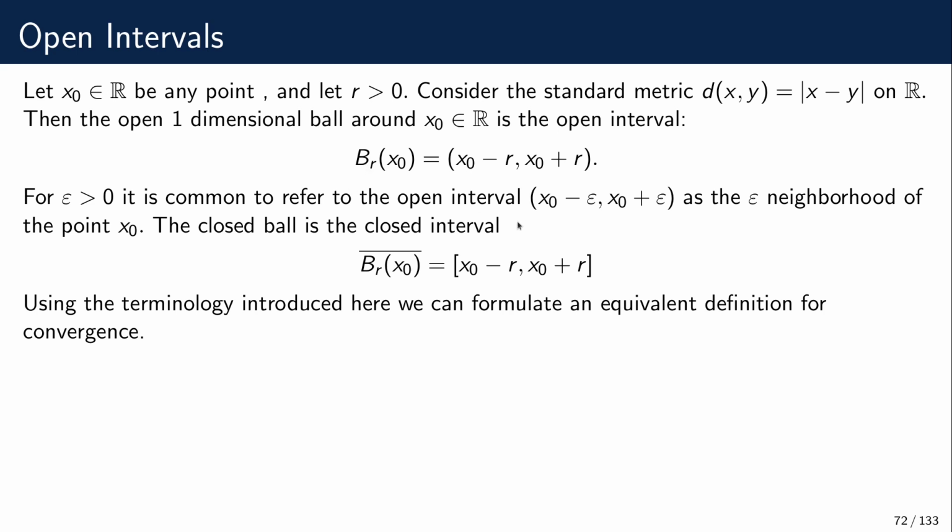And similarly, we have the closed ball, which is this closed interval of radius R. Sometimes it is convenient to call this the R neighborhood of x0, or in particular where R is this positive epsilon, this positive number, then we would call this the epsilon neighborhood.